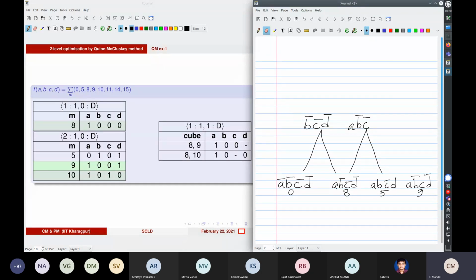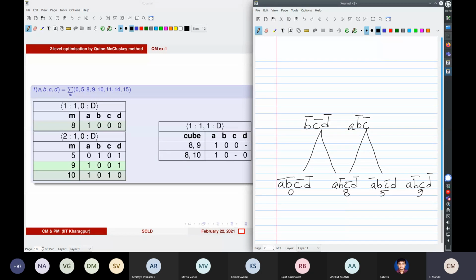So 5 is 0, 1, 0, 1. And this is 1, 0, 1. Okay, that's right.